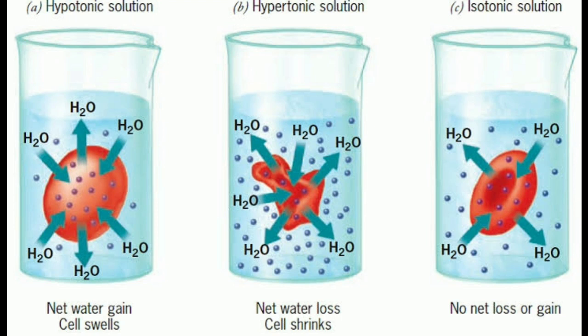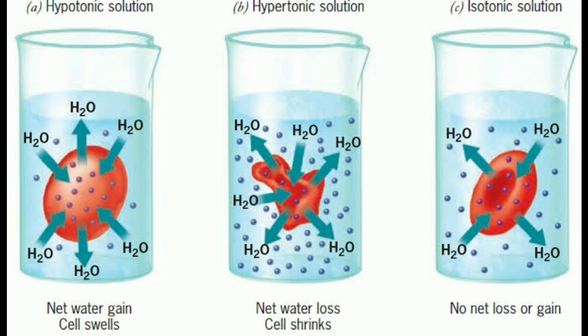So in the case of hypotonic solution, the solute concentration will be low in the solution if we compare it with the cell environment. Okay, so inside the cell, the solute concentration will be high and the water concentration will be low. But in the solution, the solute concentration is low and the water concentration is high.